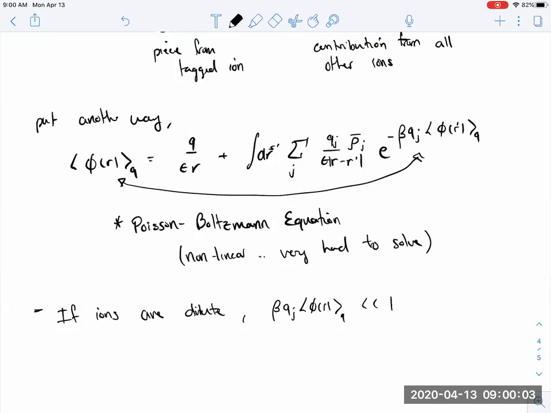If that average potential is small, when I turn that into an energy relative to kBT, it too is small. That means that that exponential could be expanded, and the Taylor expansion of the exponential is 1 minus its argument.